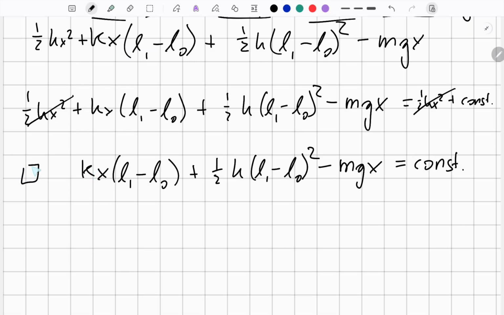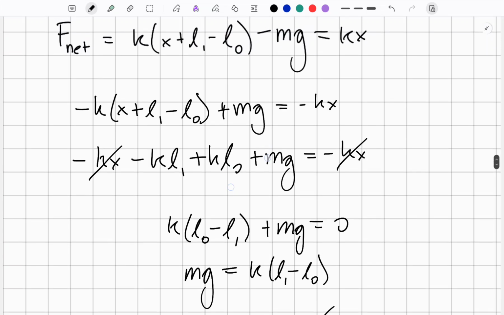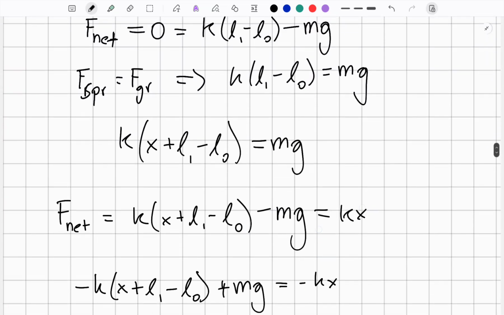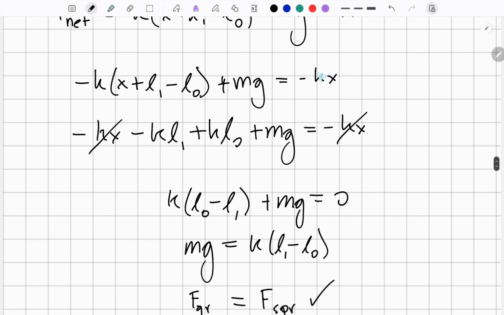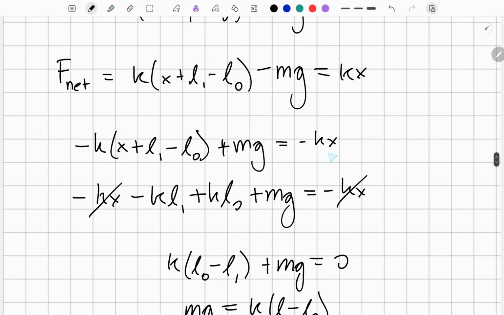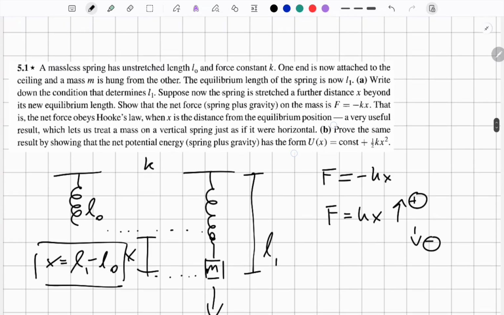We've gone ahead and shown that that works out to be a constant. Using the net potential energy up here, we use the net force to show those cancel out and that our net force is indeed equal to negative kx. Could have gone about it using kx as well, just using the opposite of signage, of course. But that covers entirely what the problem was asking for.